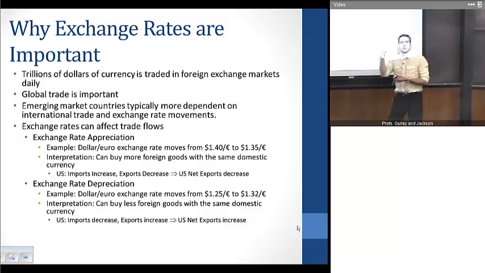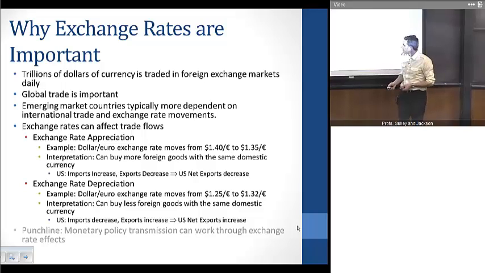It's more expensive if we're in the U.S. and trying to buy foreign goods, so we're going to buy fewer imported goods. The flip side is that the goods we produce here become cheaper in foreign countries, and that results in an increase in exports. Putting both of those together, that's going to result in an increase in net exports.